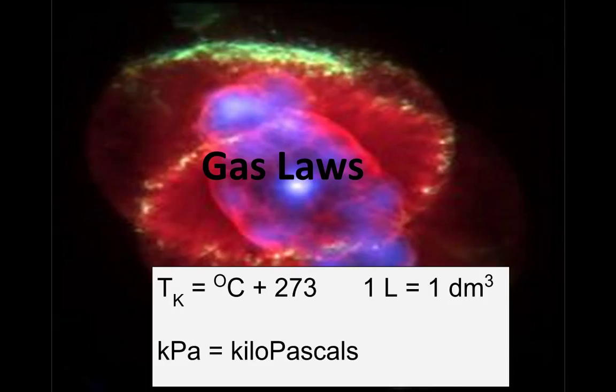So in gas laws, there's a few things that we need to know right off the bat, and so we're going to write this right at the top of our notes so that we don't forget them. So first of all, we need to realize that any temperature in gas laws must be in the unit of kelvins. The reason is because anything that's in Celsius or Fahrenheit has the potential of being negative.